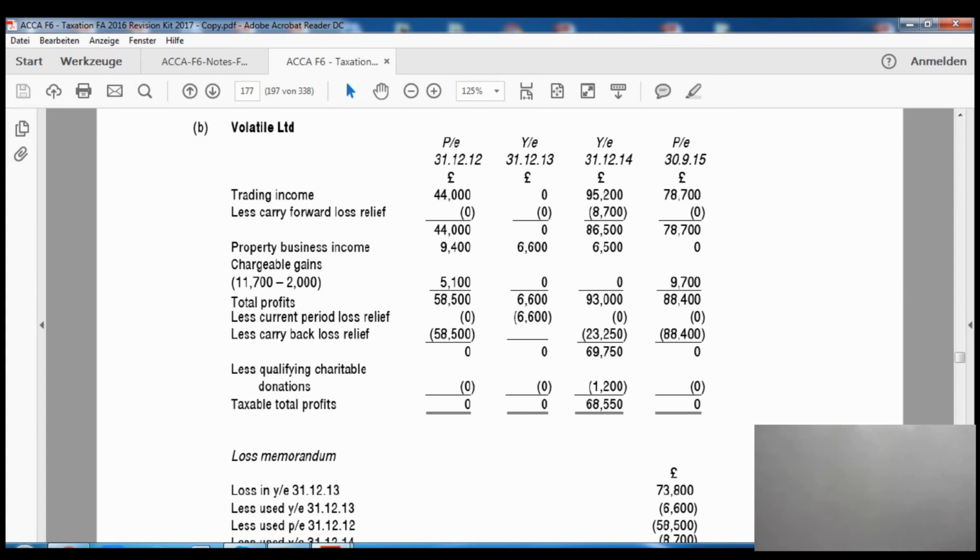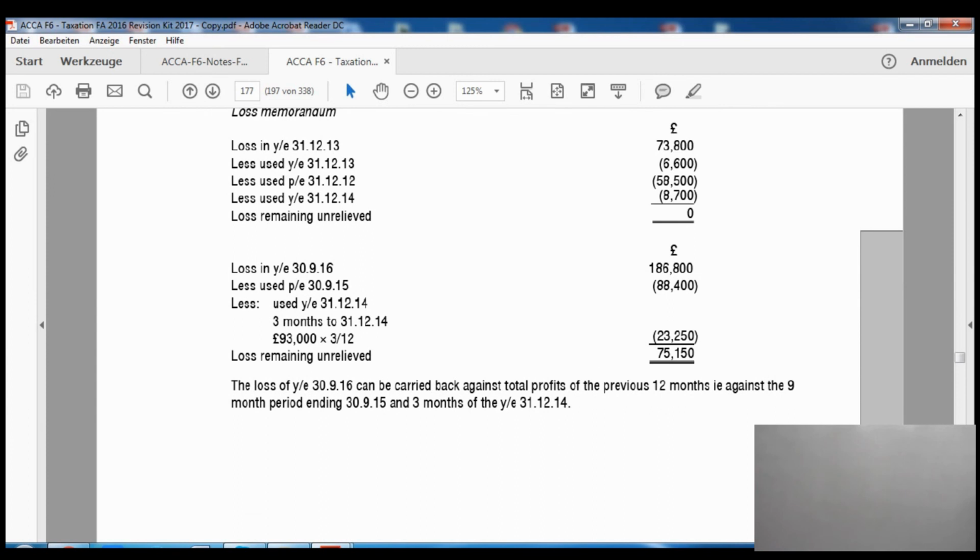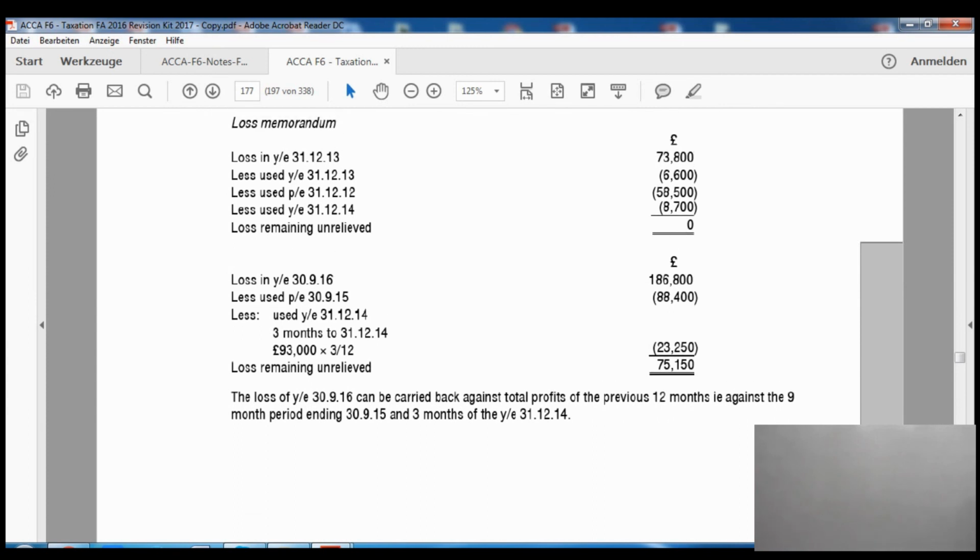Now carry forward loss relief is nothing in 2012 because there was no information for the previous years anyway, and for 2013 as well there is nothing. Now if you come down to the end of the page, it tells us the details about the loss. The loss was 73,800, which was the loss in the year 2013.